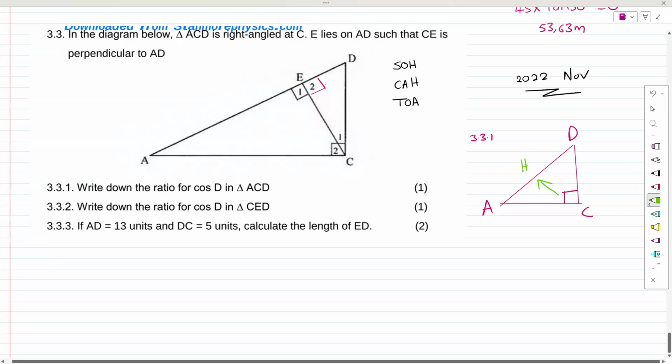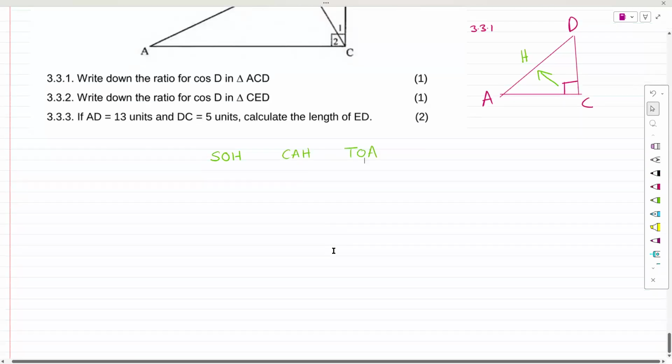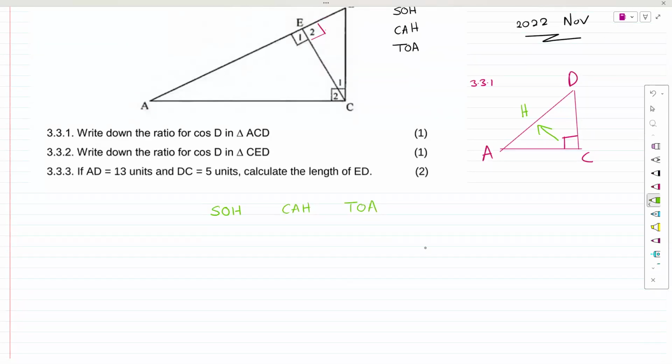If you remember, I taught you guys SOHCAHTOA: that's SOH, that's CAH, that's TOA, sine, cos, and tan. But we can use other ratios as well. Sine can be y over r.